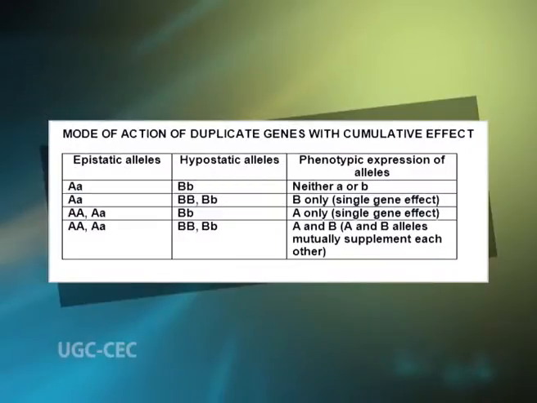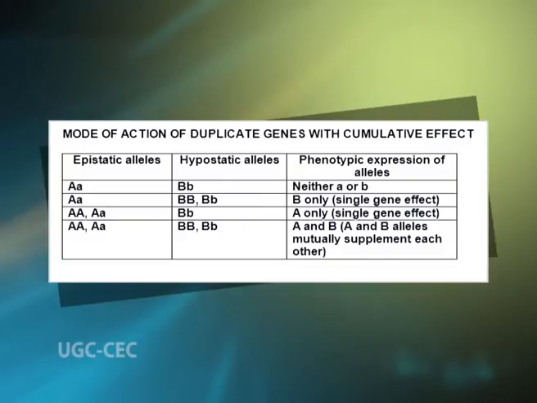In this given table, you can see the mode of action of duplicate genes with cumulative effect. The first column represents epistatic alleles, second hypostatic alleles, and third phenotypic expression of alleles. In the first row, the epistatic alleles is capital A small a, hypostatic alleles capital B small b.